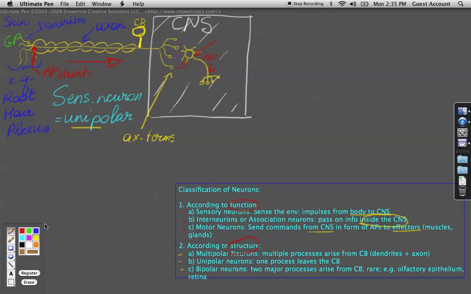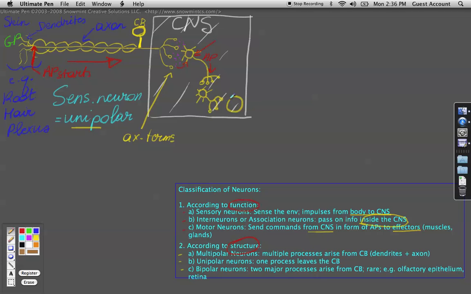So let me draw another interneuron that synapses with this interneuron perhaps. I'm going to keep it a bit small because I'm beginning to run out of space. So here is your other interneuron.